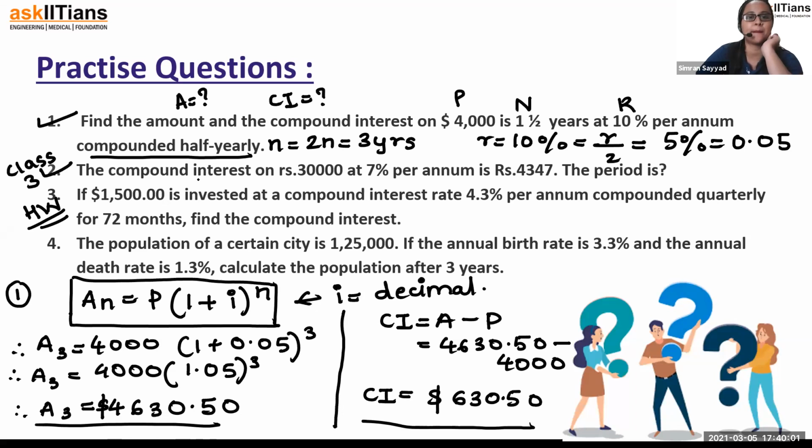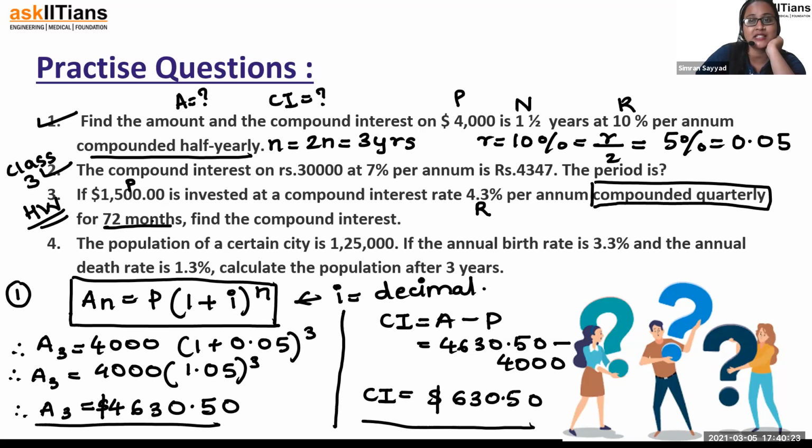I'll give you some hints over here. If 1,500 is invested, this is your principal. At a compound interest rate R per annum compounded quarterly. How is it compounded? Quarterly. For 72 months.